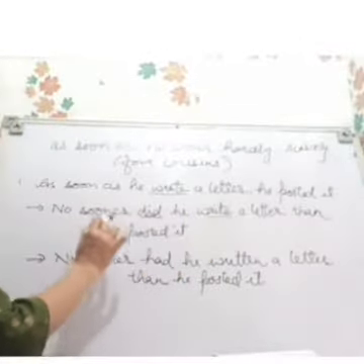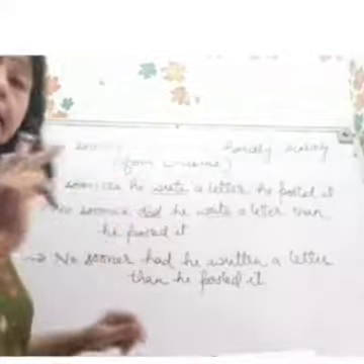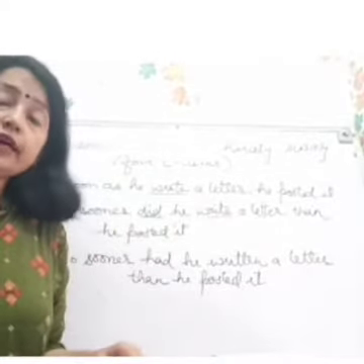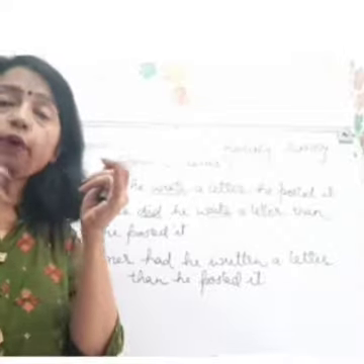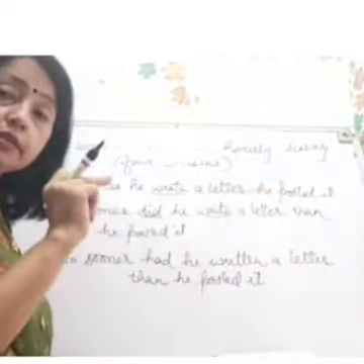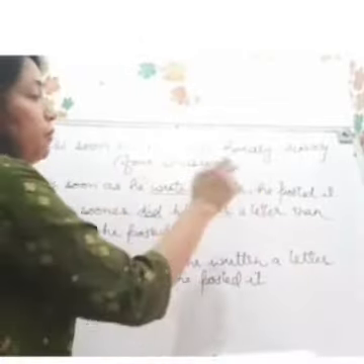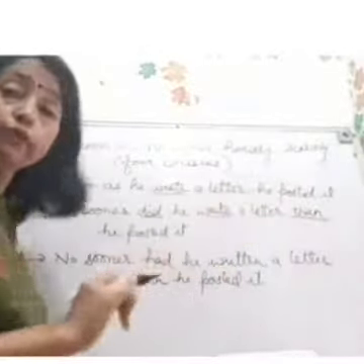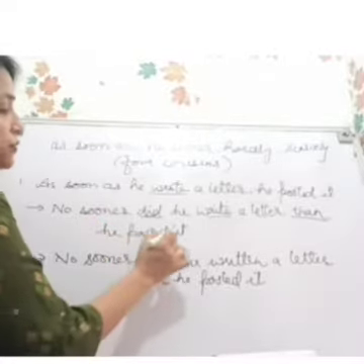So no sooner did he write a letter. As I have already told you, with no sooner what do we use? Than. So in place of the comma which we have seen in the question, the comma is removed, and in place of the comma comes than. The rest of the sentence will remain the same, that is, he posted it.